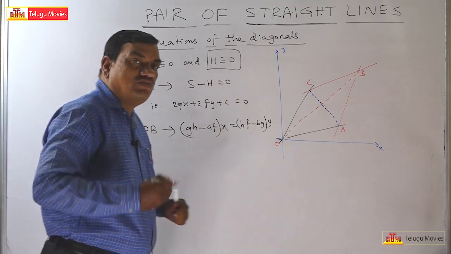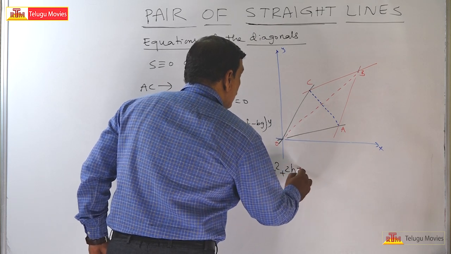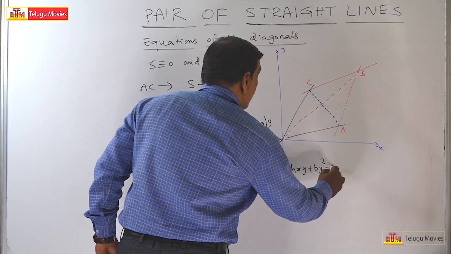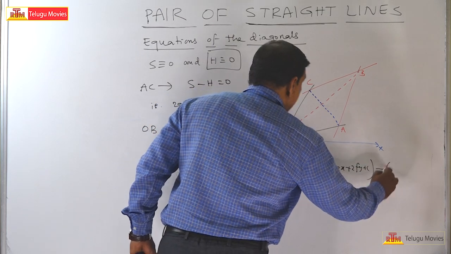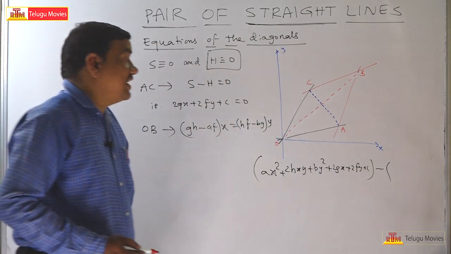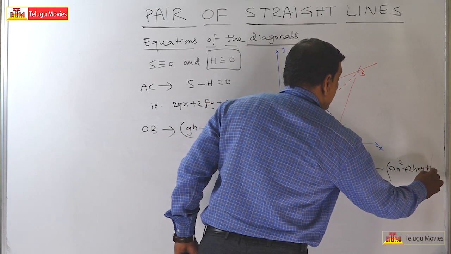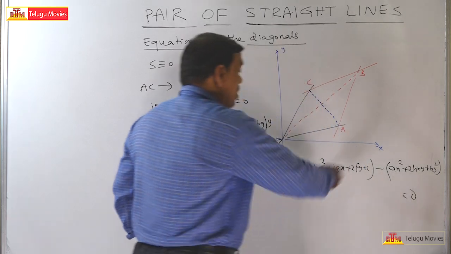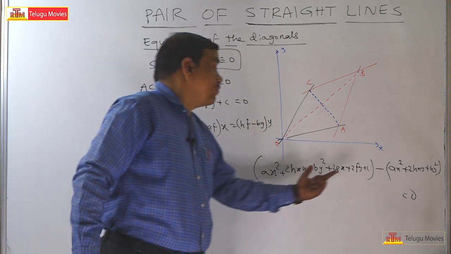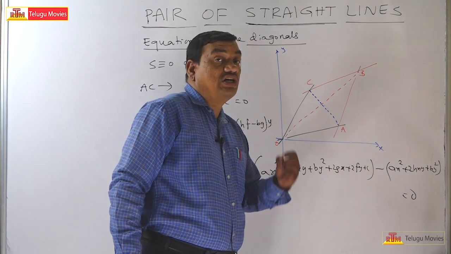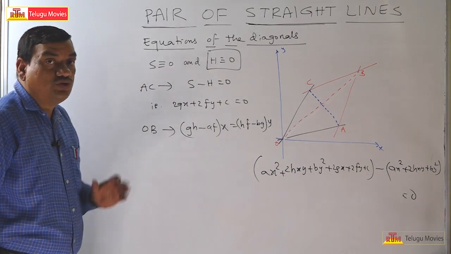What is S? It is ax² + 2hxy + by² + 2gx + 2fy + c, and H is ax² + 2hxy + by². Obviously, ax² + 2hxy + by² gets cancelled. What remains is a first degree equation in x and y, that is 2gx + 2fy + c = 0.